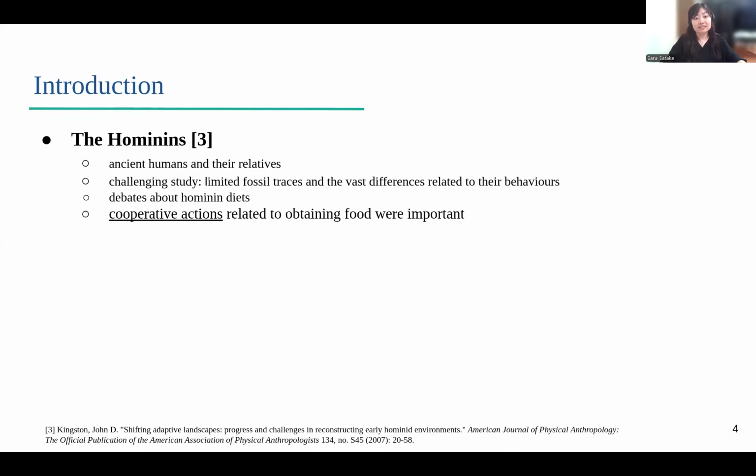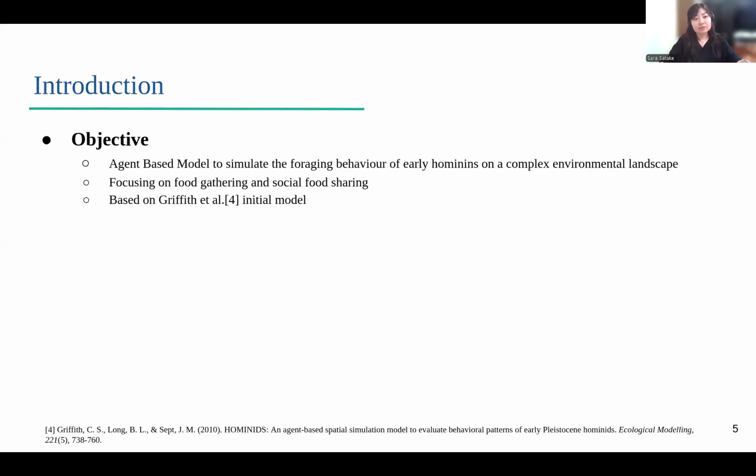So knowing this, the study of cooperative behaviors such as food sharing among those in need is a complex system to model with different possible scenarios, hypotheses, and rules. So in this study, we present an agent-based model to simulate the foraging behavior of early hominids on a complex environment landscape.